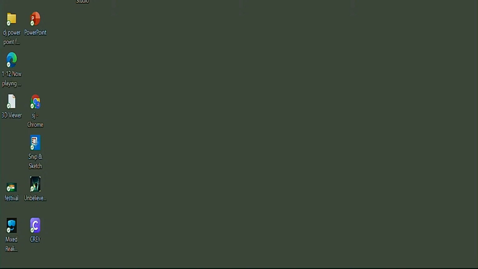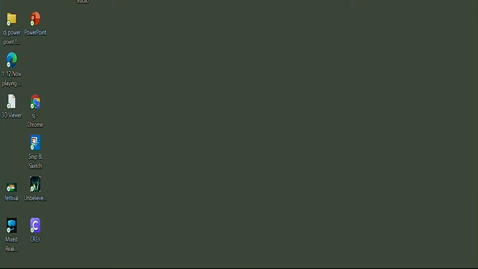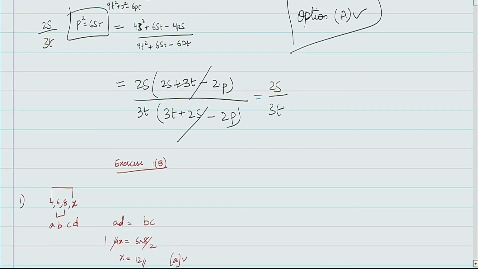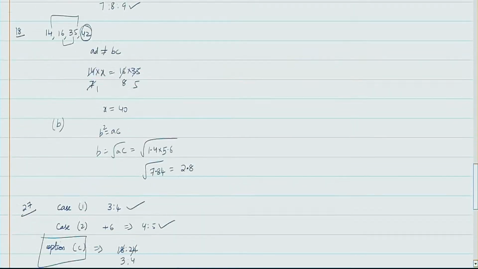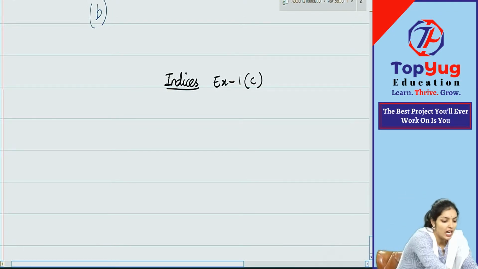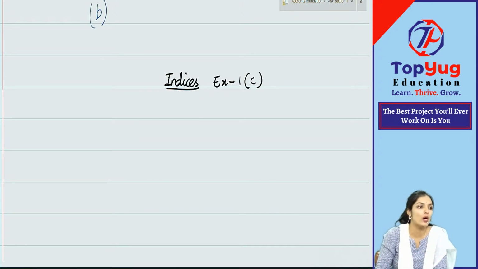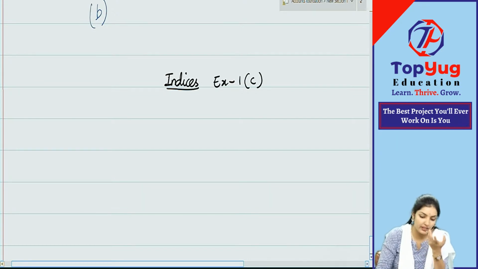Indices, Exercise 1C. I hope all of you have opened your study text. So Exercise 1C from your ICAI material, chapter 1, subtopic 3, or topic 3 directly we can tell.